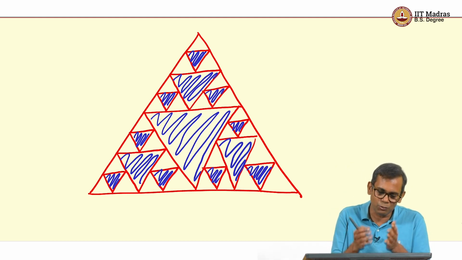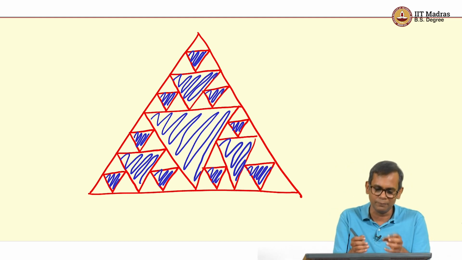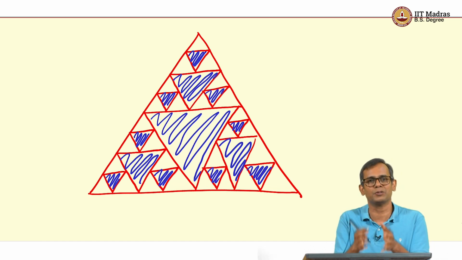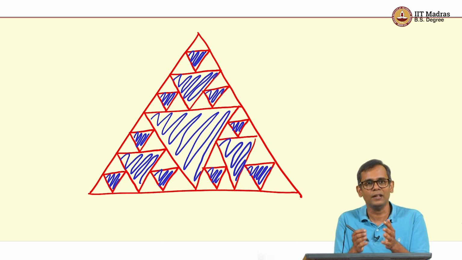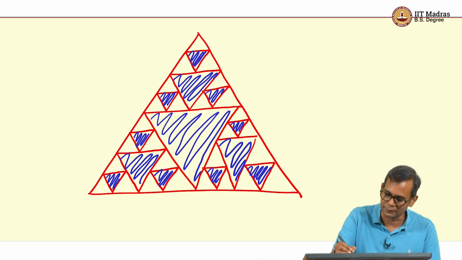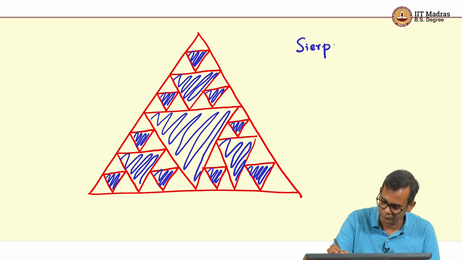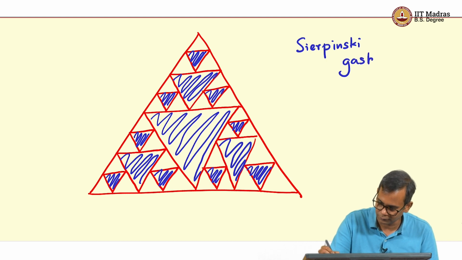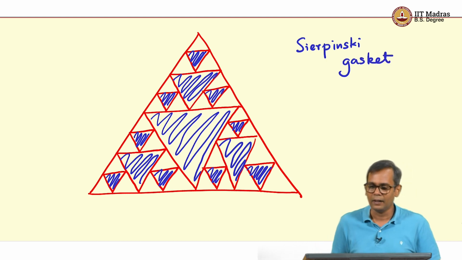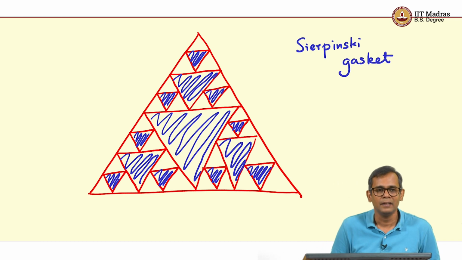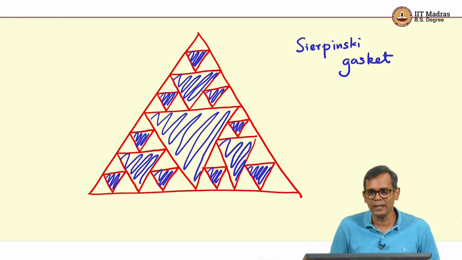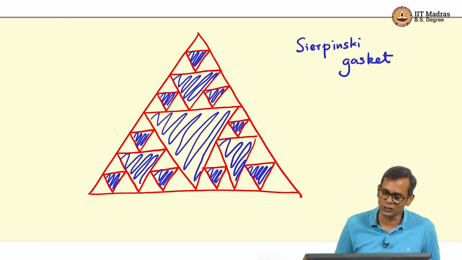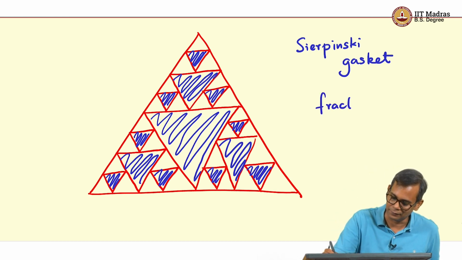You keep doing this indefinitely, removing smaller and smaller triangles, and when you take the intersection of all these sets, you are left with a set called the Sierpinski gasket. It is drawn inside a two-dimensional plane, but its dimension is not quite 2. It is a set of fractional dimension called a fractal.